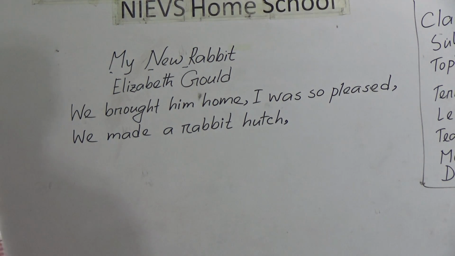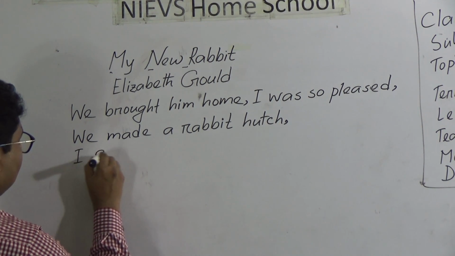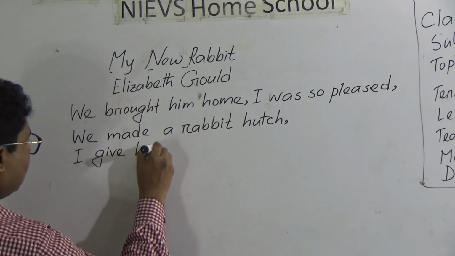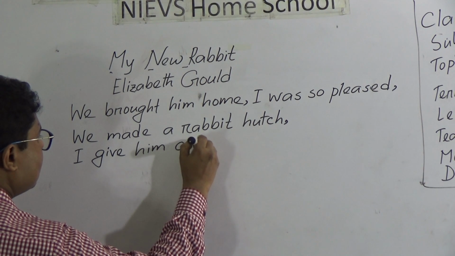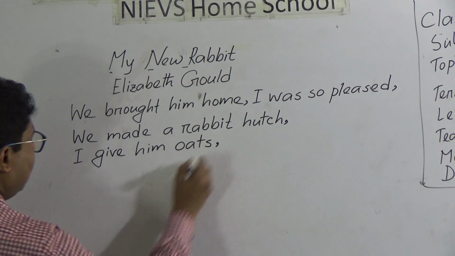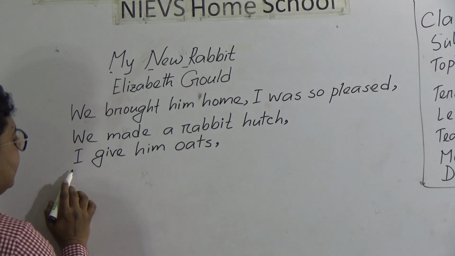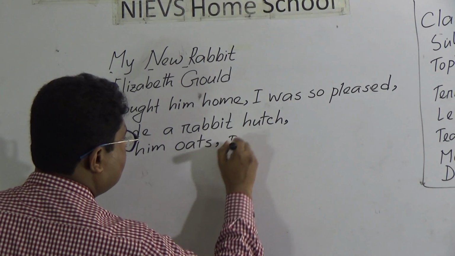Next line, I gave him oats, I talked to him. Next line, I gave him oats, O-A-T-S, comma. Remember, single I always will be capital. I gave him oats, I talked to him.